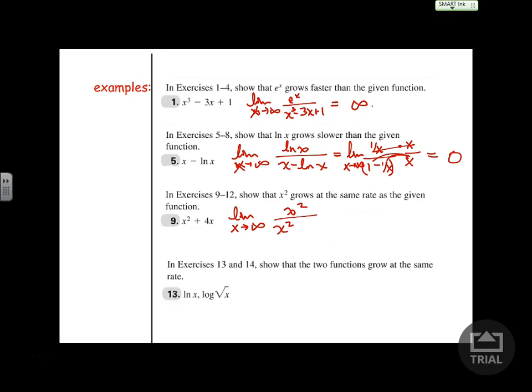Since I'm just showing you the application of limits, we can say, hey, look, it's a constant, and the constant is neither 0 nor infinity. The answer is 1. And 1 is neither 0 nor infinity, so therefore the rates are the same. Does that make sense?